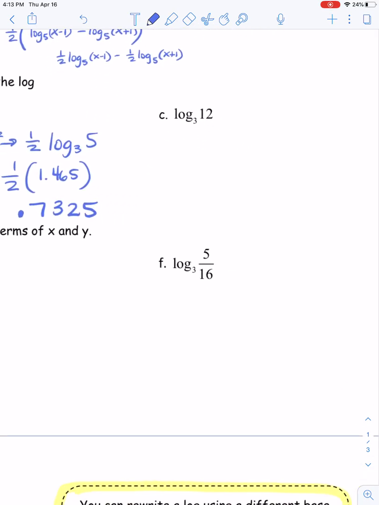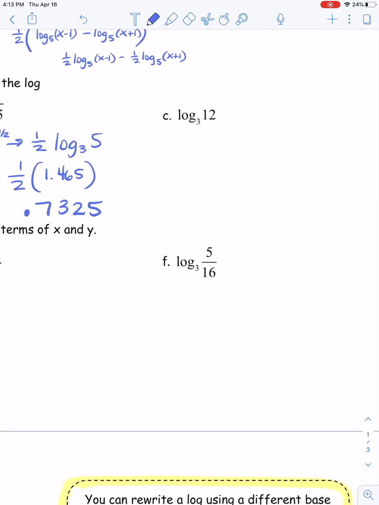And then here again, notice what we have here. We have the log base 3 of 12. Okay, well, we know we're trying to get to the log base 3 of 4 or the log base 3 of 5, one or the other. So I need to think about what two numbers were multiplied together to get me 12.